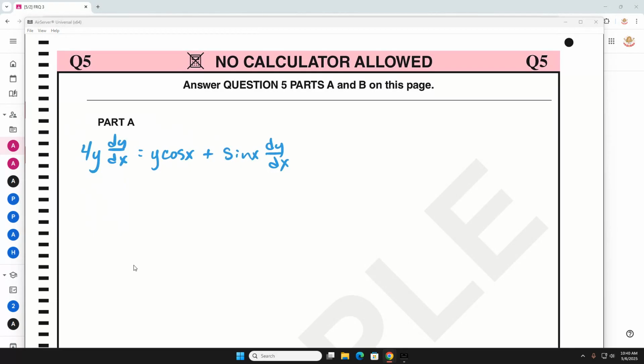Move all the dy dx to one side. Very good. I'll move all the dy dx to one side. Anything that doesn't have a dy dx stays on the other side. And we're solving this for dy over dx. So we're going to factor it out.